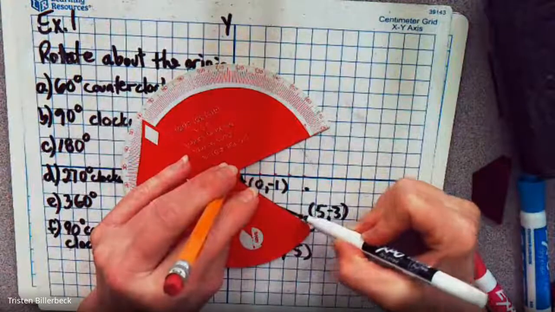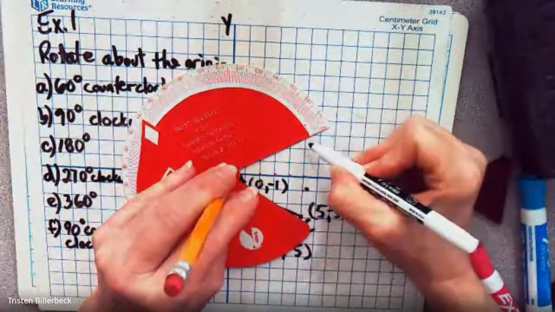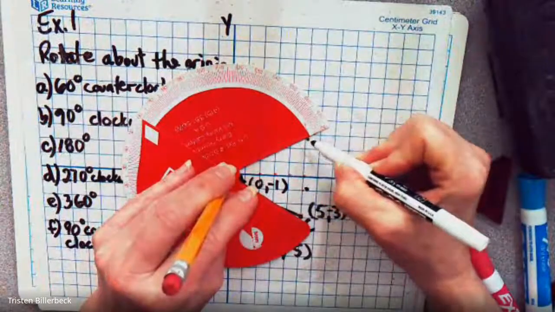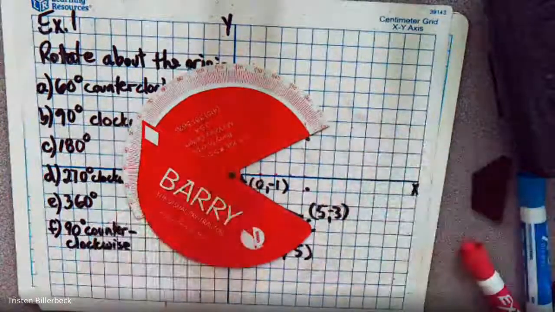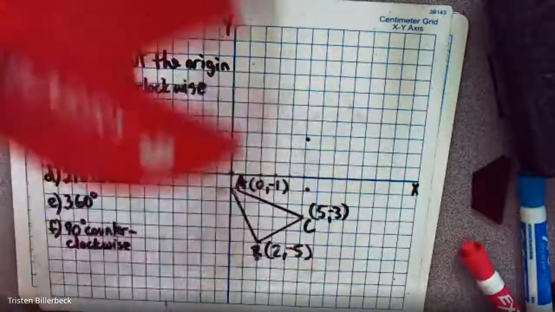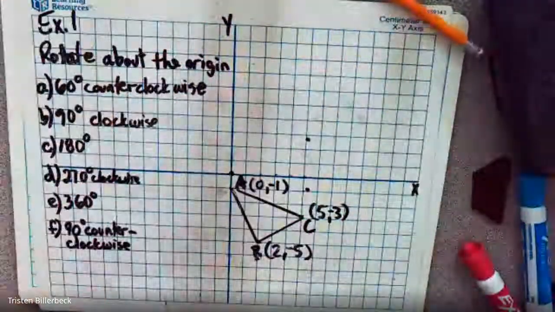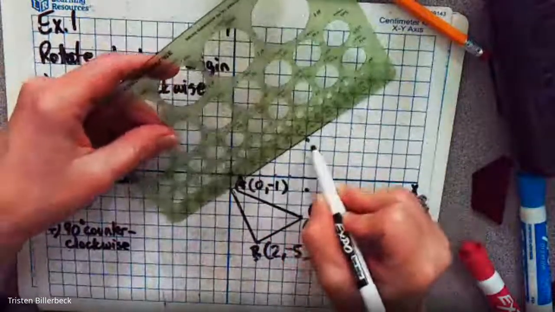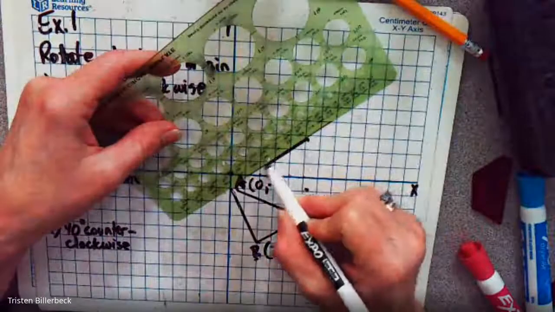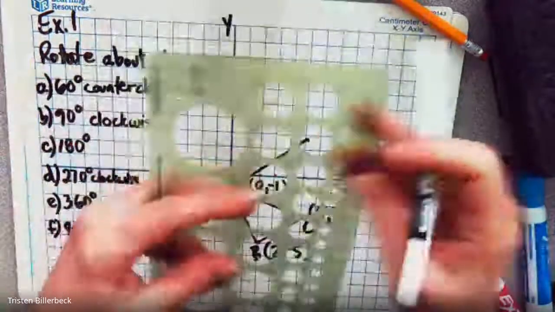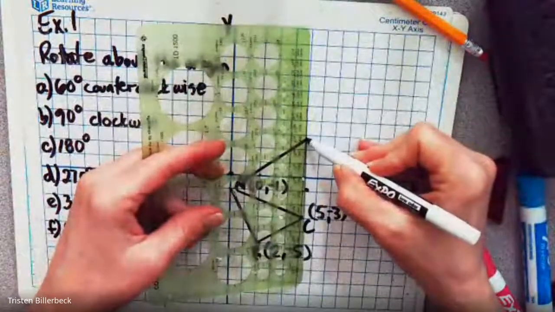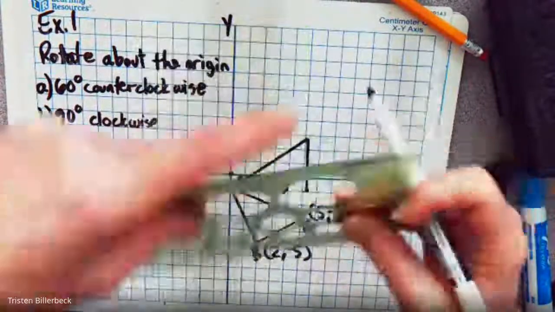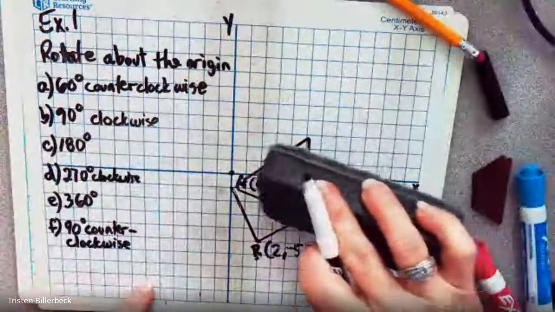C is a little under 6, so I'm going to put this one a little under 6 right there. Now I can graph this, or actually draw this out, and draw my new triangle.